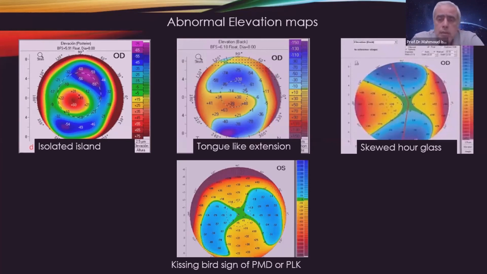Dr. Ahmed, also we have to include that when you face an abnormal map, you are not sure whether this is a pre-ectasia or an early keratoconus or just an abnormal cornea. There is a kind of abnormal corneas around us, and we don't treat them with laser, but we follow them up. And these abnormal corneas end up not being a keratoconus at the end. You have to examine the cornea very thoroughly.